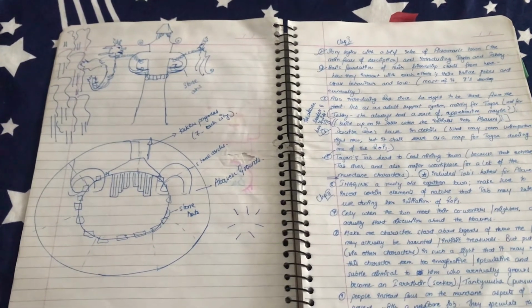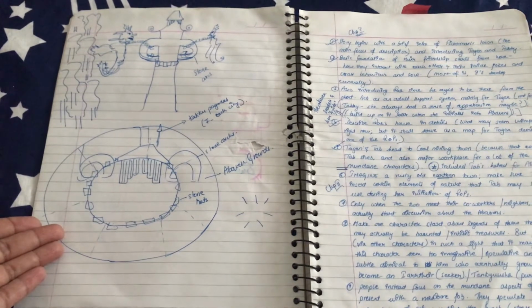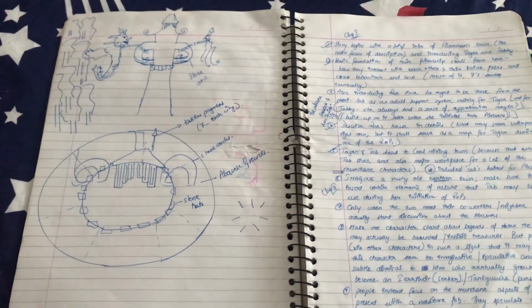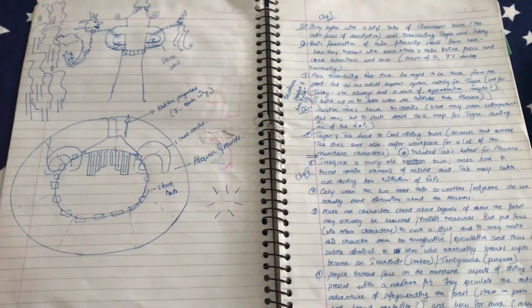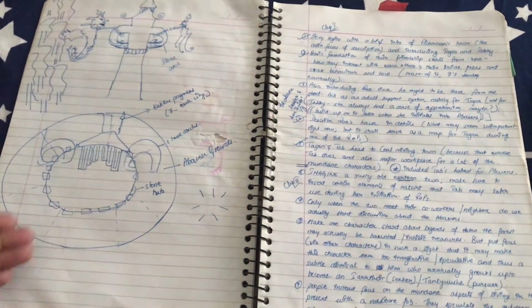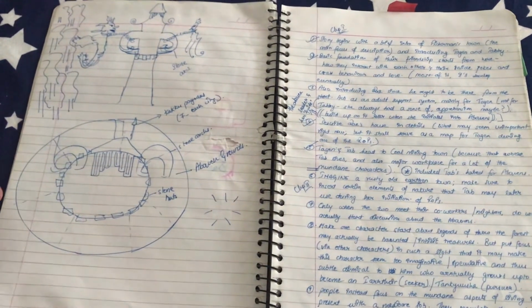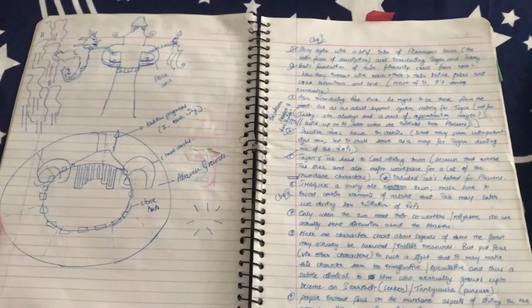You don't have to be a big artist for that. You can literally just draw a circle the way I did, and in your head you have to be clear, because when you're putting it into words, you need to be very clear with what you're trying to describe. It really helps later on when you have pictorial representations. So if you're a good artist, well and good, it's going to be all the easier for you, I guess. But if you're not, it doesn't matter. All you need is to be clear in your head.